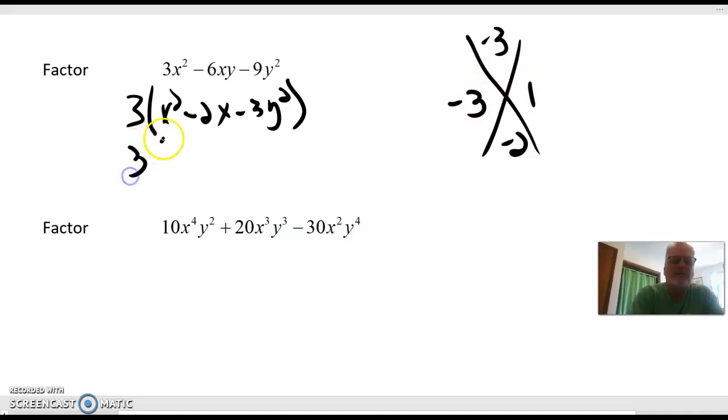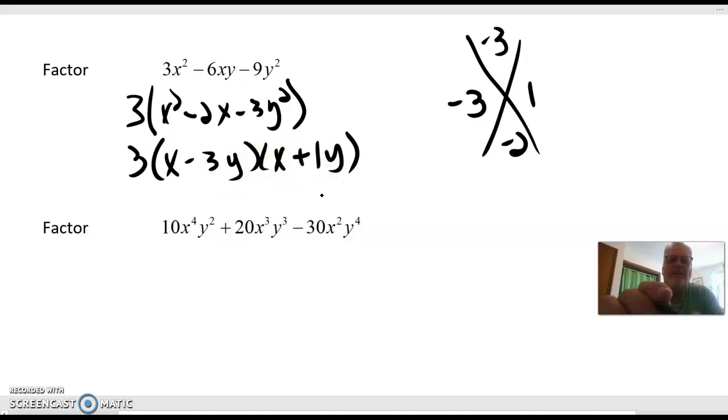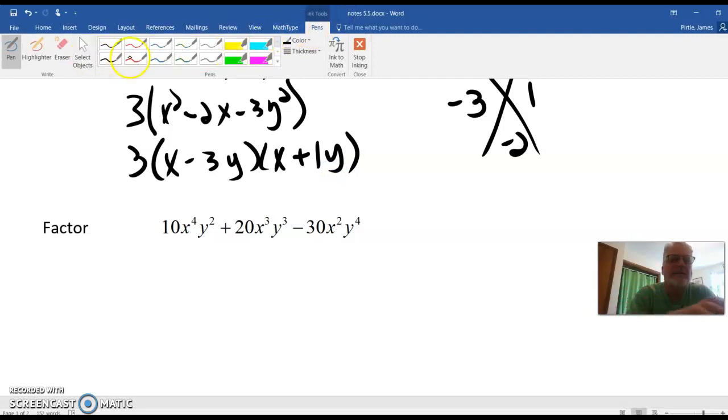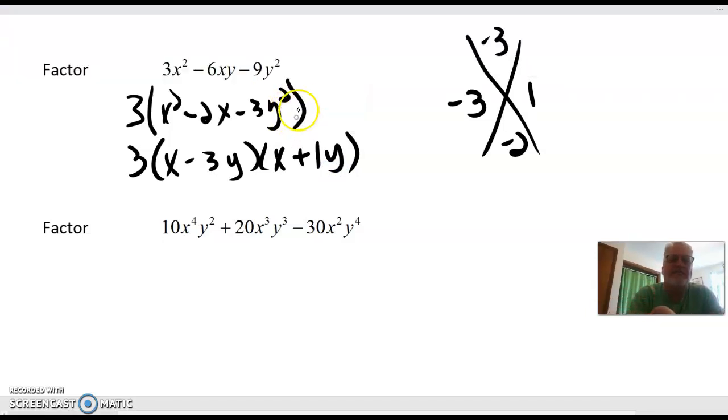So watch what happens here. I'm going to have x minus 3y and x plus 1y. Check this out. I know that's going to give me my x squared, and I know that will give me my minus 3y squared, but I have to check this outside and this inside.